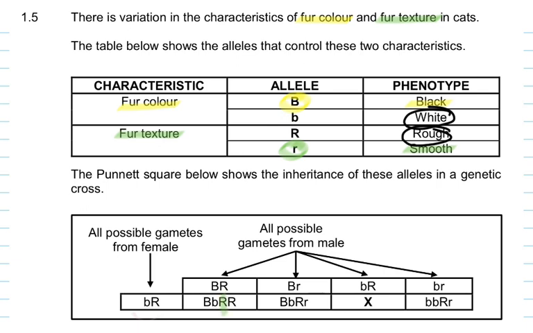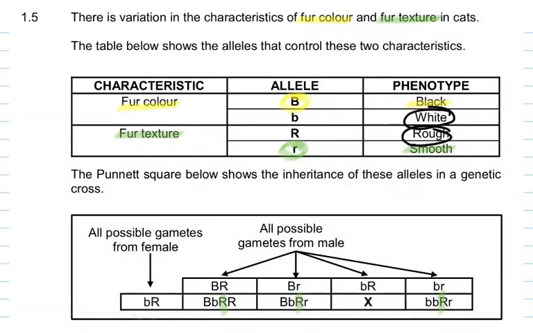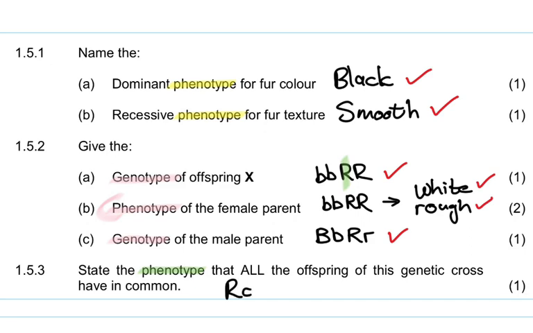And we can see, yes, there's a capital R, there's a capital R, there's a capital R. And if we worked out our genotype of offspring X correctly, there's our capital R. But remember, they're asking for phenotype. They're not asking for which allele, they're asking for phenotype. And that phenotype will be, let's go back again, rough fur. So then we just have to spell the word correctly, and then off we go. And that is worth a mark.